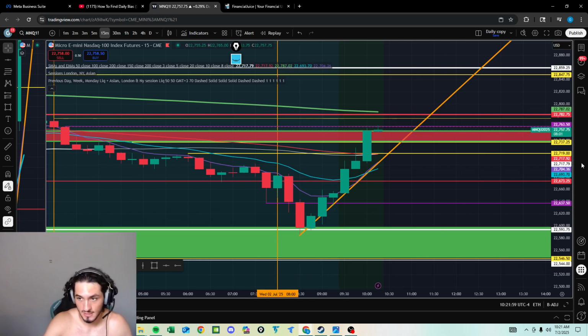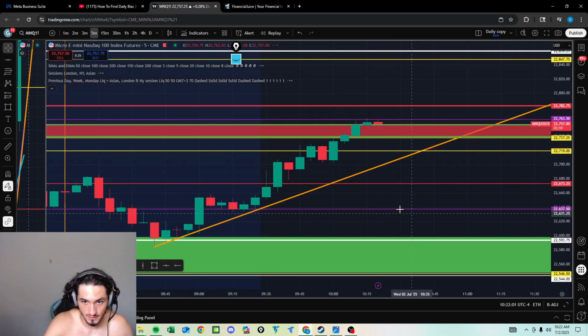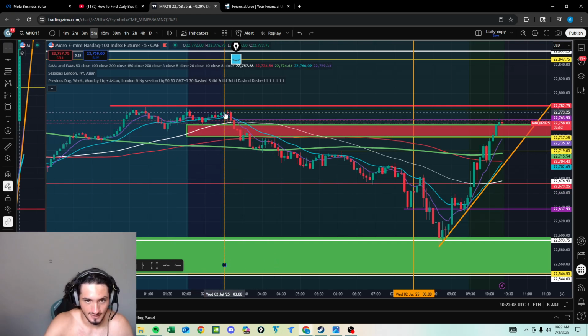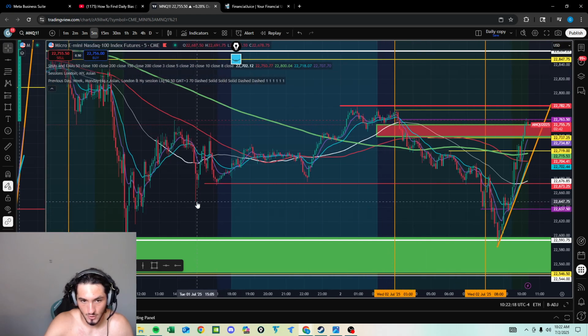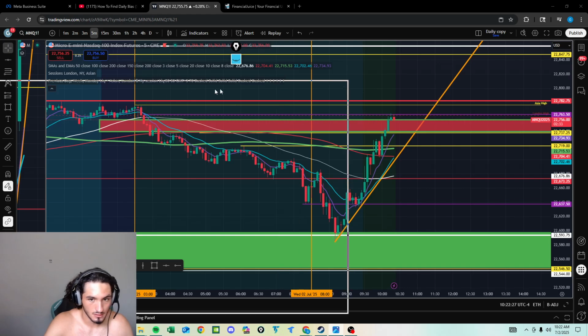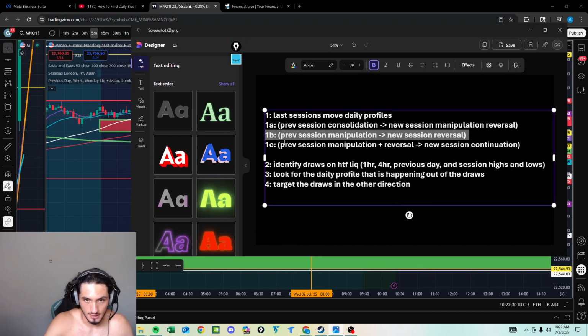So we first got in at 9:45. If we go to the 5-minute chart, as you can see, the move started down here because what happened was we got a London session manipulation to these hourly lows. Boom, boom, swept, which causes a previous session manipulation to a new session reversal.